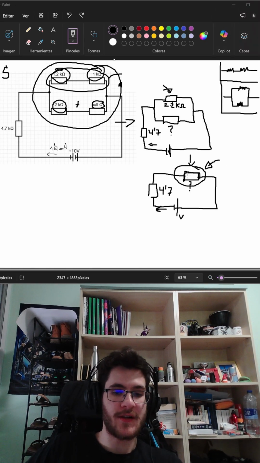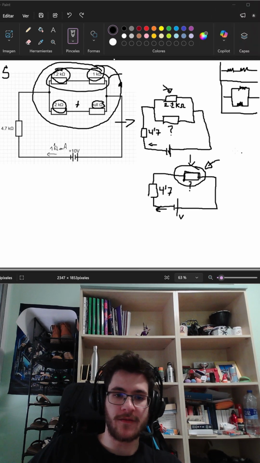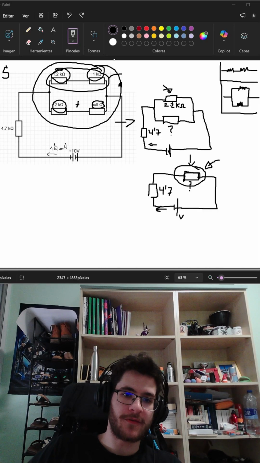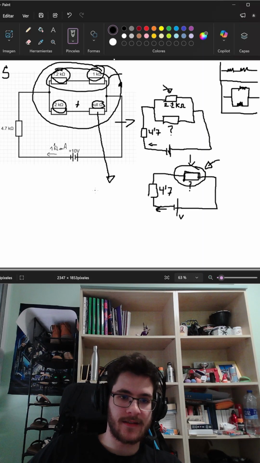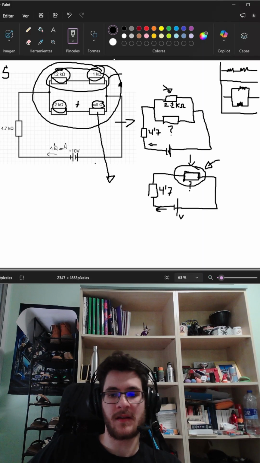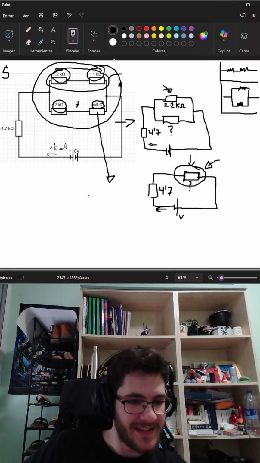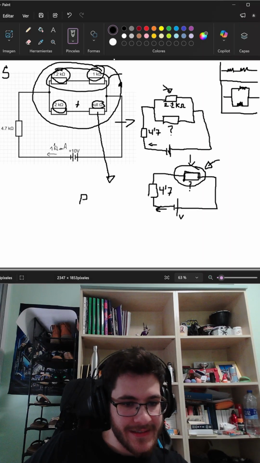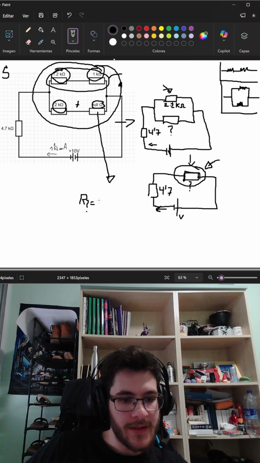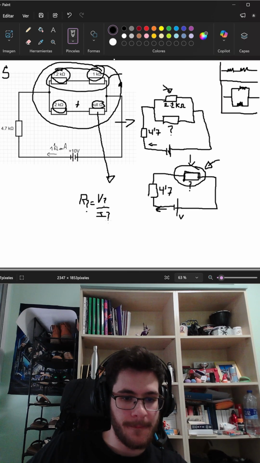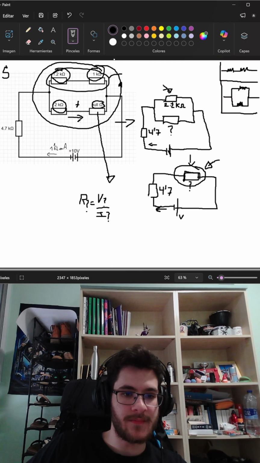The other way is to calculate the intensity and the voltage of the different resistances. Finally we find the two things we need here: the intensity to calculate the resistance of, I don't know how to call this resistance, the Enigma resistance maybe. The Enigma resistance will be equal to the Enigma voltage divided by the Enigma intensity, the intensity that is passing through this parallel, and the voltage we don't know.